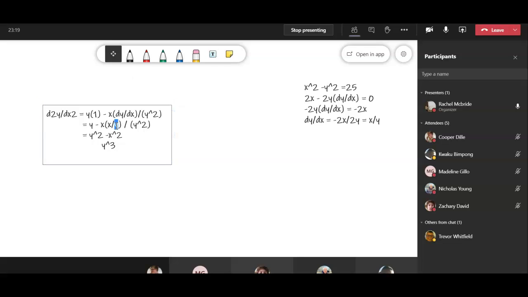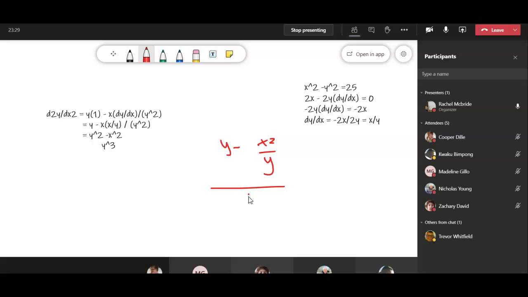This creates a denominator of y. So if you were to have your y minus x squared over y all over y squared, these two need a common denominator. So you have to multiply by y over y, giving you this y squared minus x squared all over y cubed.